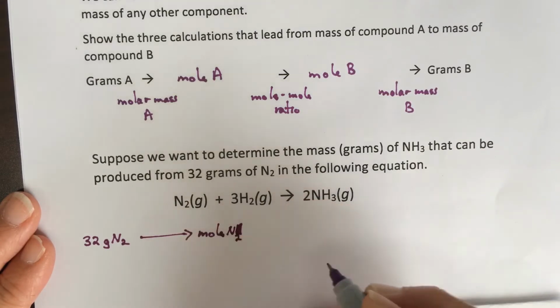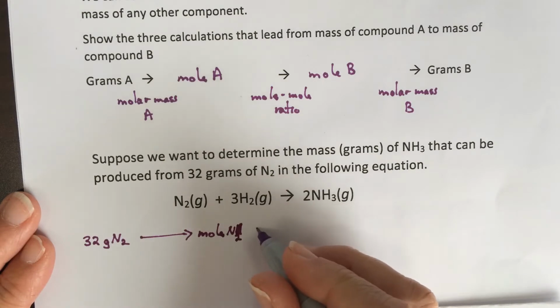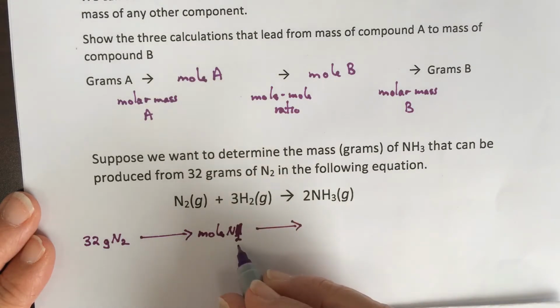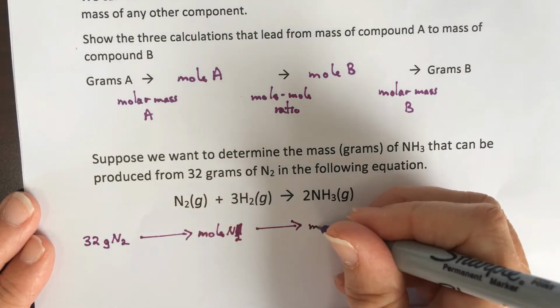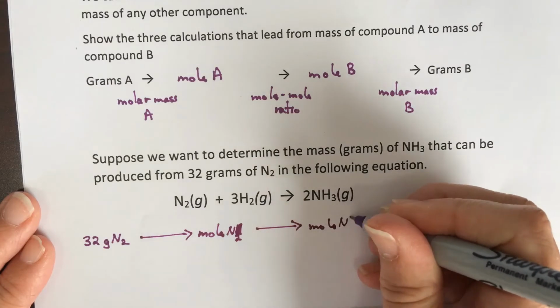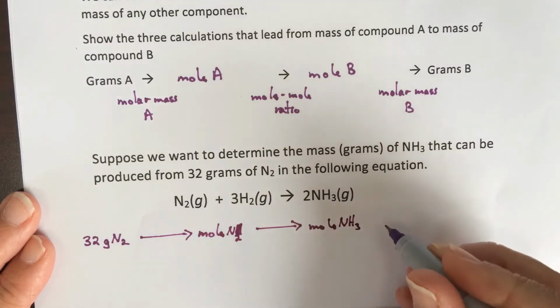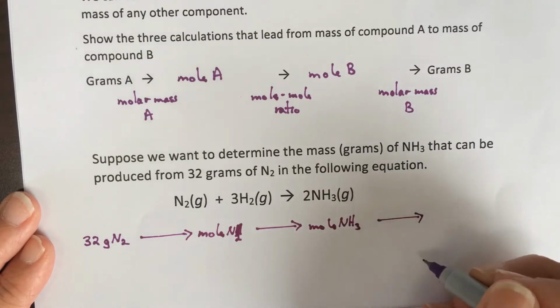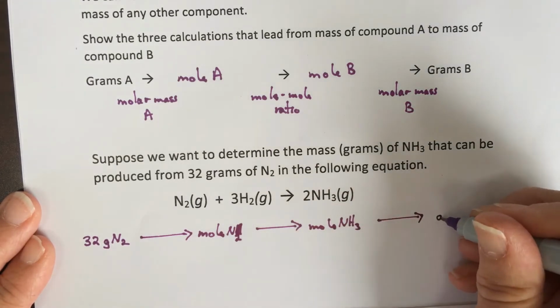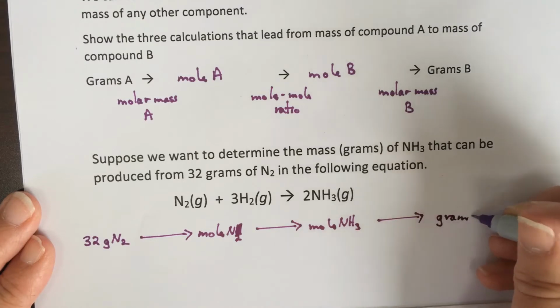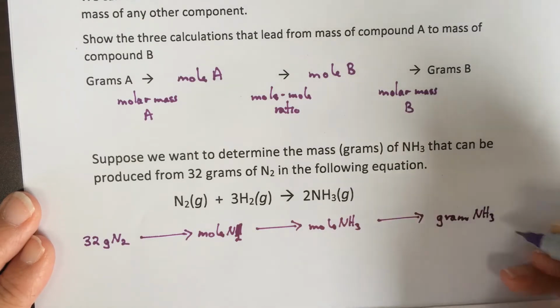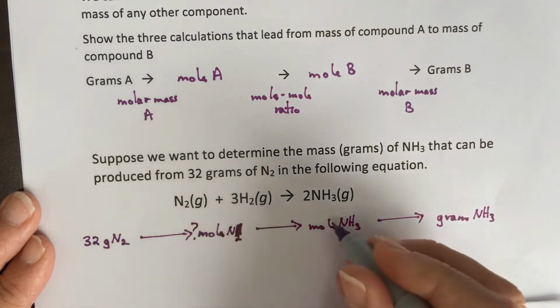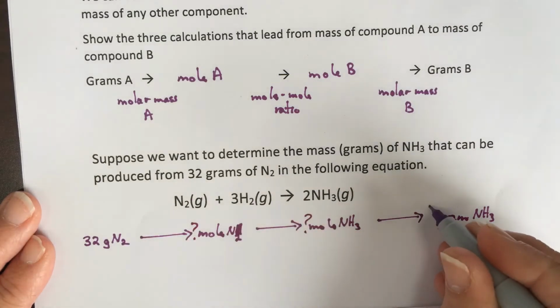We can then convert our moles of nitrogen to moles of ammonia, NH3, and then we'll take our moles of ammonia and convert them into grams of NH3. Okay? These are the ones we don't know.